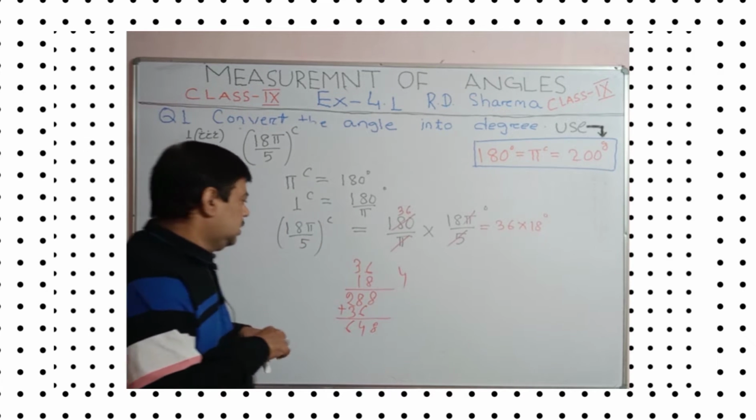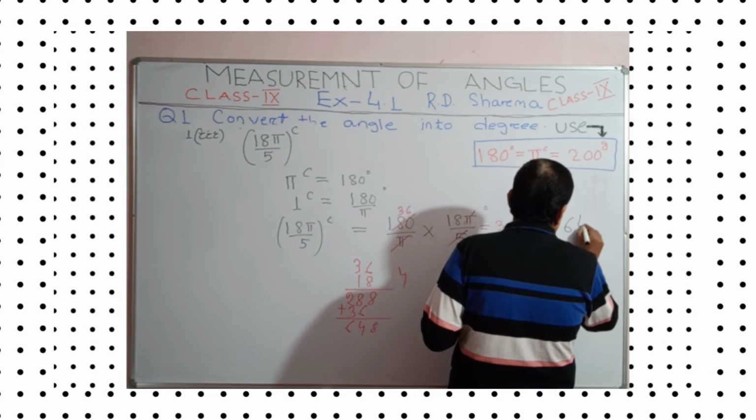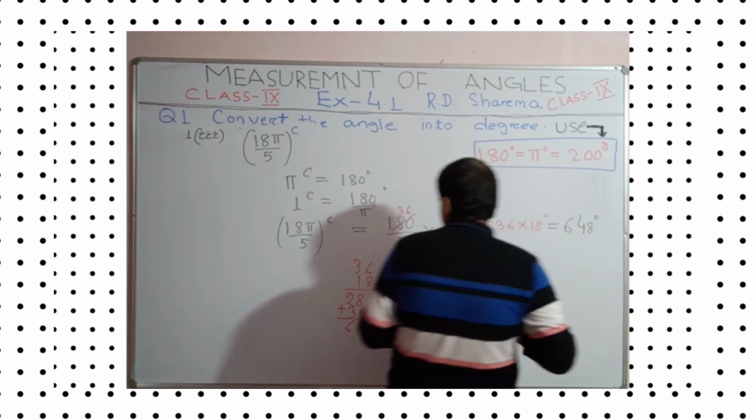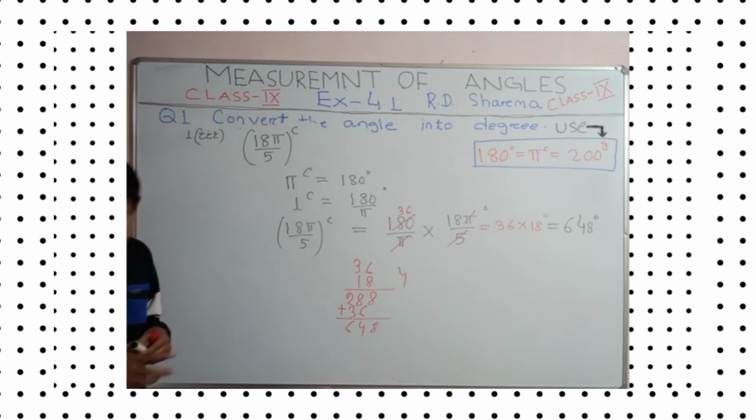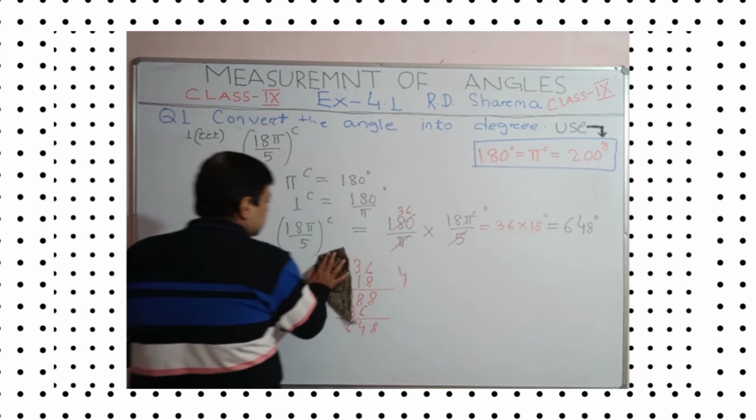So it will be 648. 648 what? Degree. So okay, 648 degree. Is it clear?